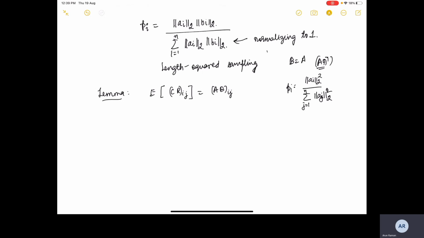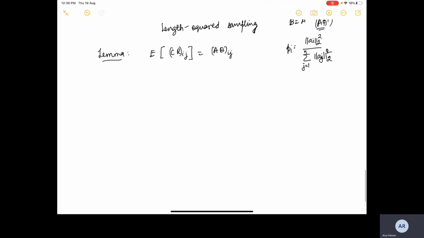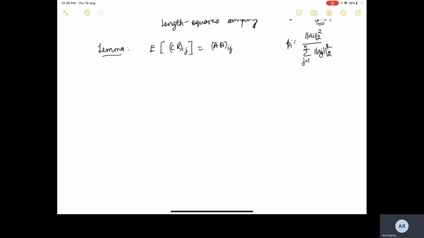The expected value of the ijth entry in the approximated product is equal to the true value of the product. This is the first result, and the proof is quite straightforward. We define a random variable x_t as follows.